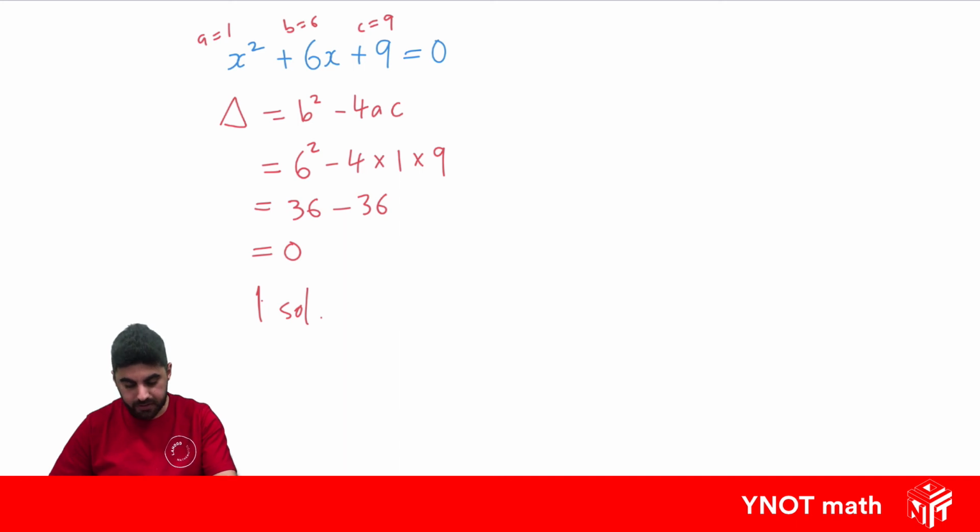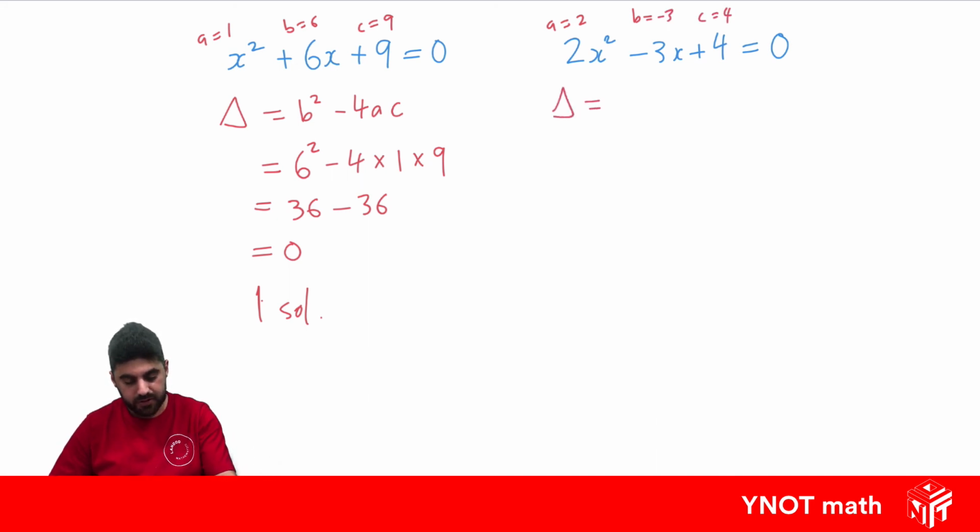What about 2x squared minus 3x plus 4 equals 0? Well, a is equal to 2, b is equal to minus 3, and c is equal to 4. So let's find the discriminant.